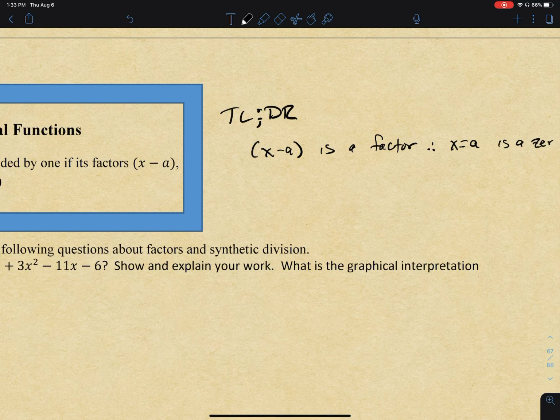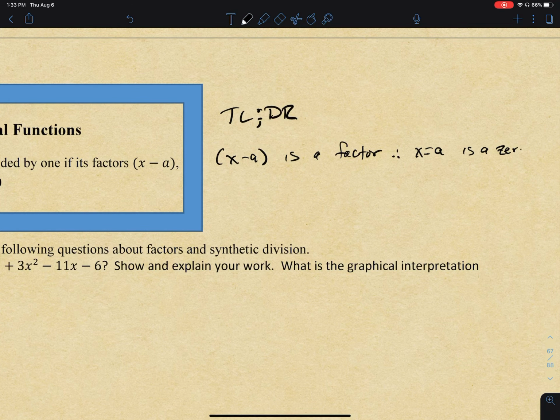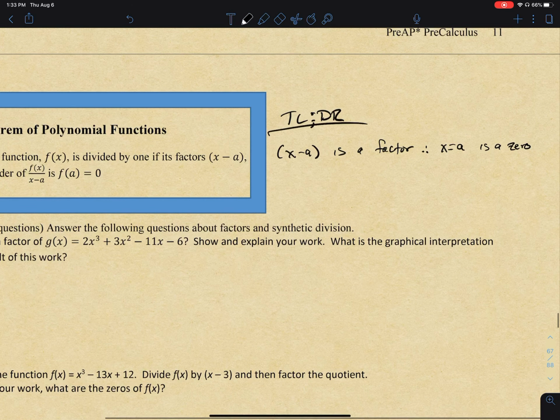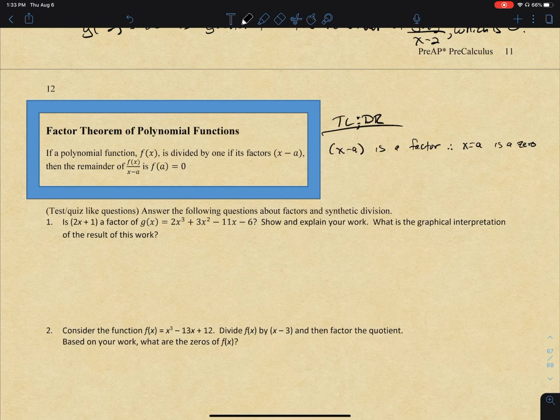So what does this do for us? It's going to save us 1 to 3 seconds on a lot of problems. X minus a is a factor, therefore x equals a is a 0.